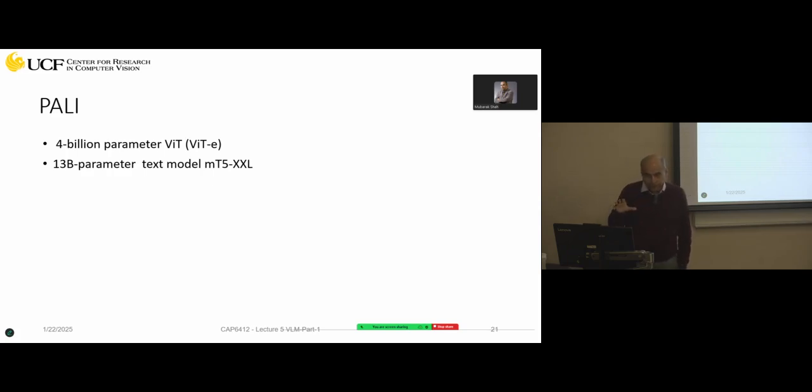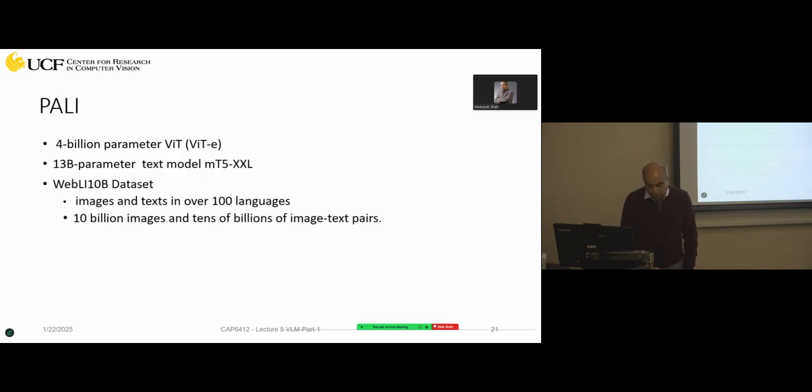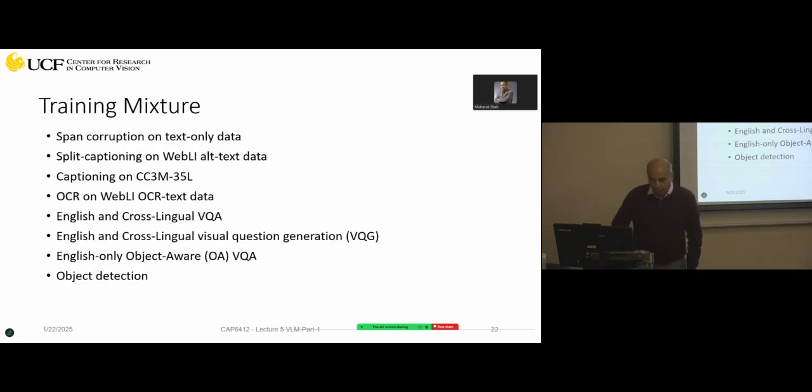So here they are using T5. T5 is a good language model, after BERT comes T5. And then they use this WebLI 10 billion data set. So image and text in over 100 languages. 10 billion images and tens of billions of image text pairs. And these use different training mixtures, different data sets, OCR, WebLI, cross-lingual, and so on.